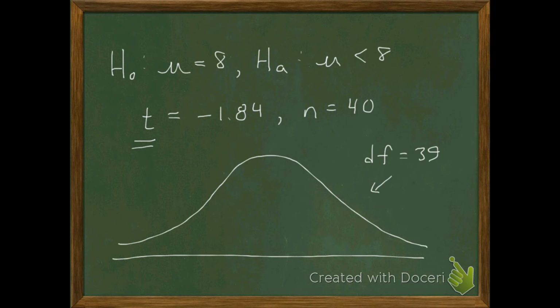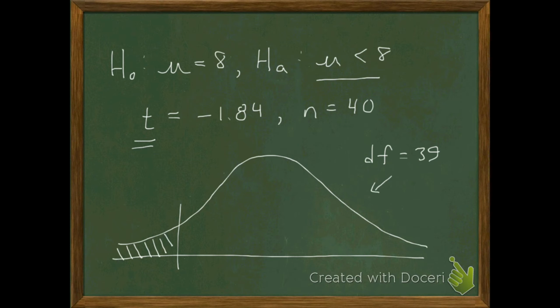Now, because I'm doing a left tail test, I'm putting all of the rejection region in the left tail. So all of my calculations for the p-value have to happen in the left tail. What we do next is we come in, let me get a little bit fancy here, and choose maybe a different color. Let's choose some Kentucky blue. How about that?